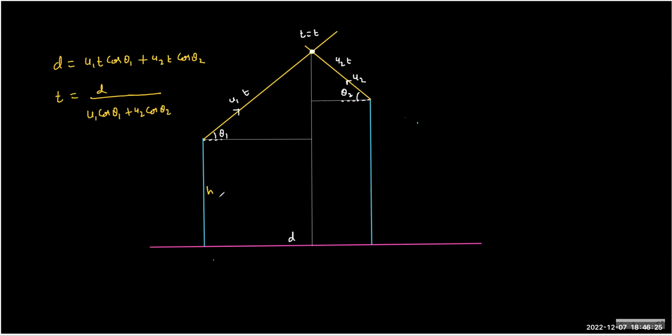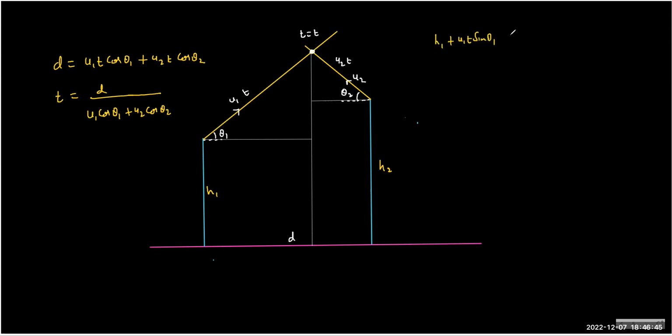Similarly, how to relate the H1 and H2? You can clearly see that the vertical height of the meeting point from the base we can express in two ways: H1 plus U1t sin theta 1.